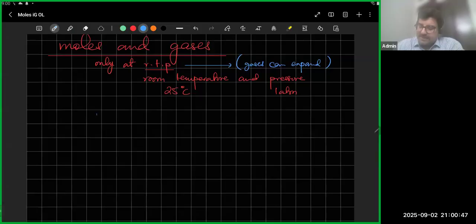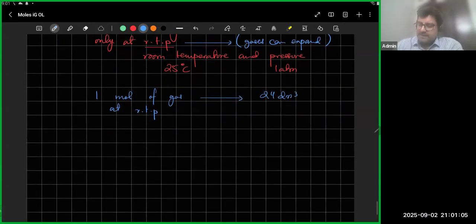So the statement is that if you have 1 mole of gas particles, 1 mole of any gas at RTP, it's going to have a fixed volume, which is 24 decimeter cube. The 1 mole of gas, that's a lot of gas particles. So think of a balloon at room temperature and pressure, with 1 mole of gas particles in it. 1 mole ka matlab hai you have a lot of gas particles. 1 mole kya tha?